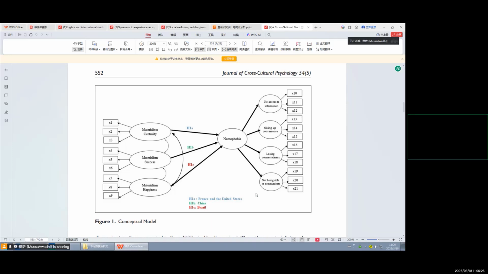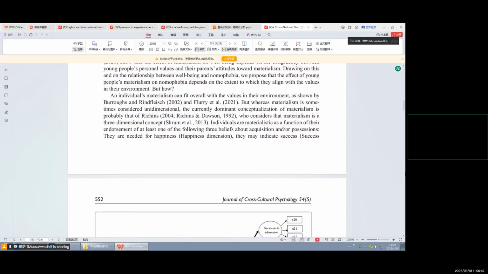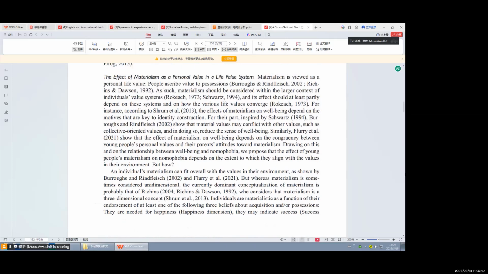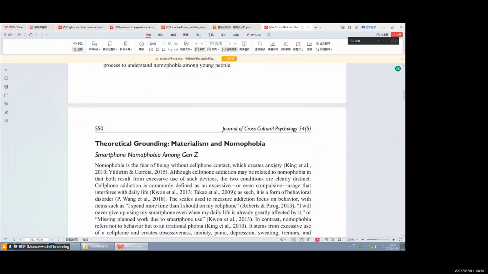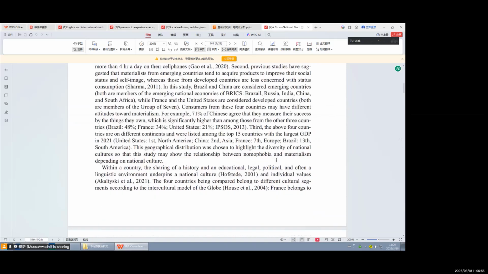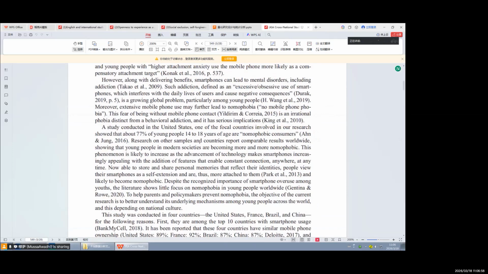You see here, data from China. We also have data from Brazil, right? So they use 3 samples in examining this model. It means what?